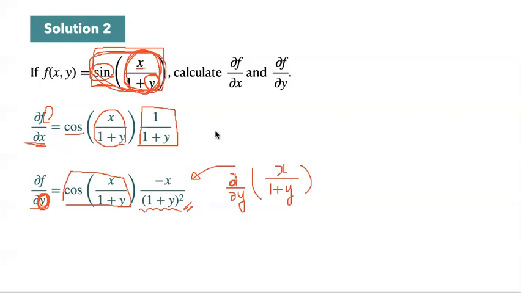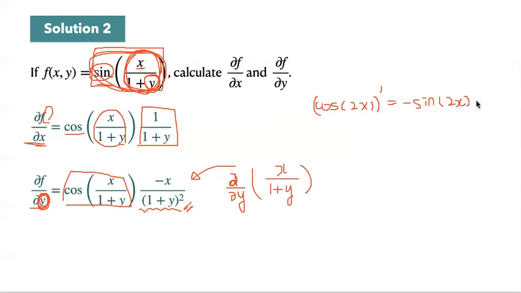If you are not familiar with this calculation, then just think about the usual case. If there is a function like cosine 2x, you can differentiate it like this: first we differentiate the cosine function, so we get minus sine 2x, and then we multiply by the differentiation of the inner function.